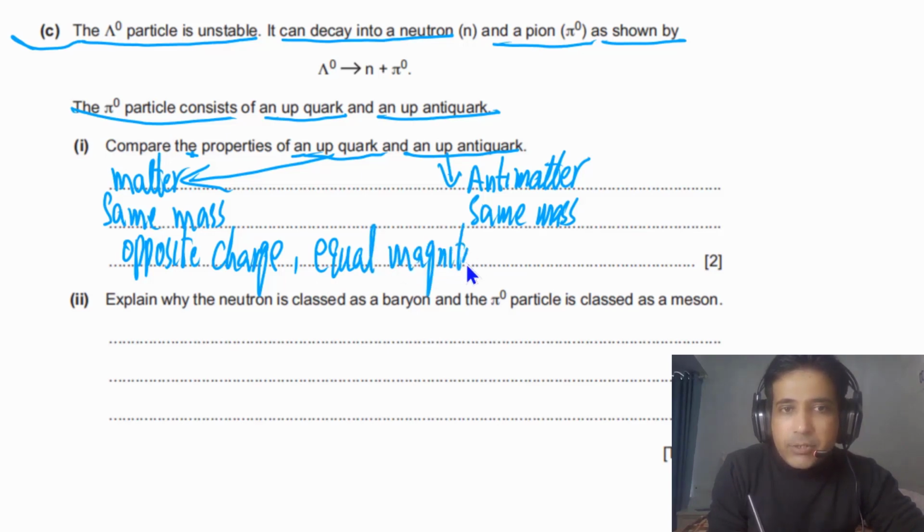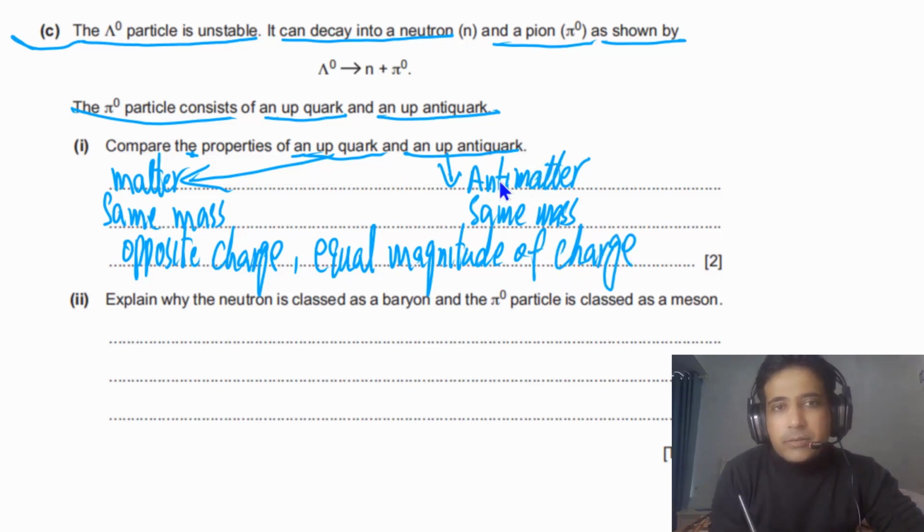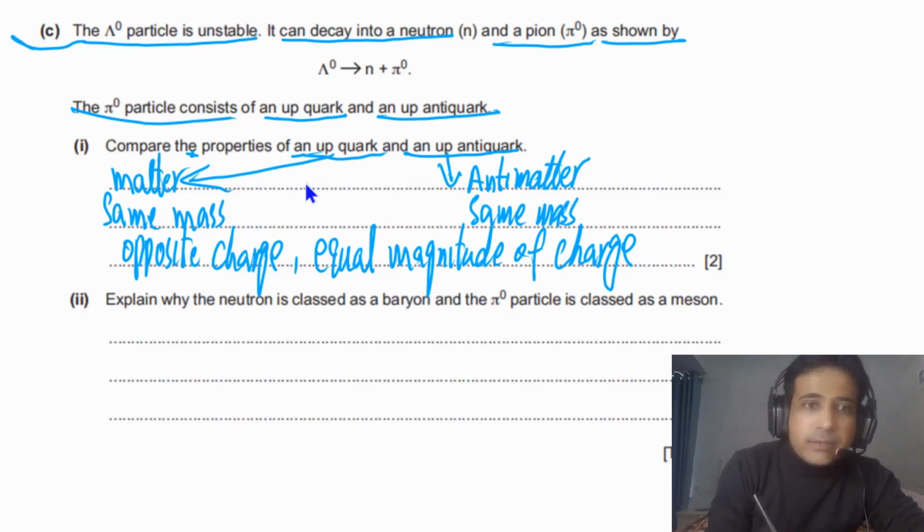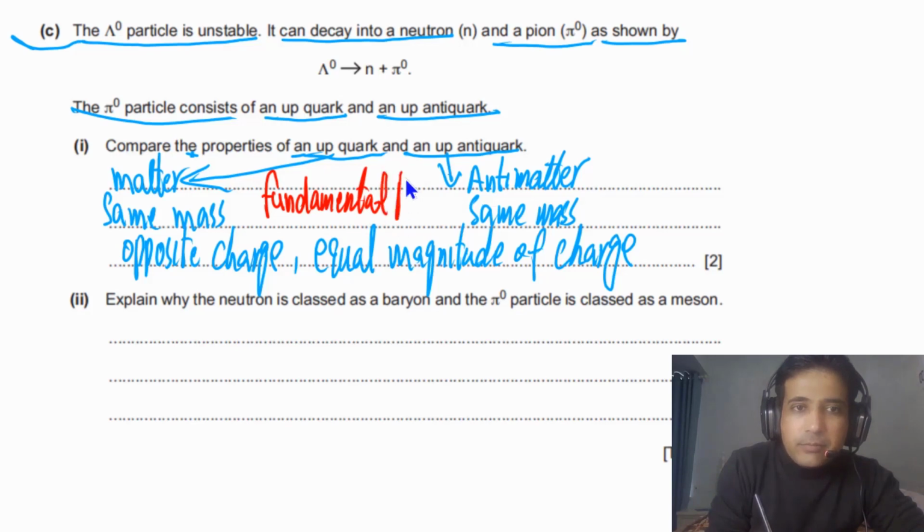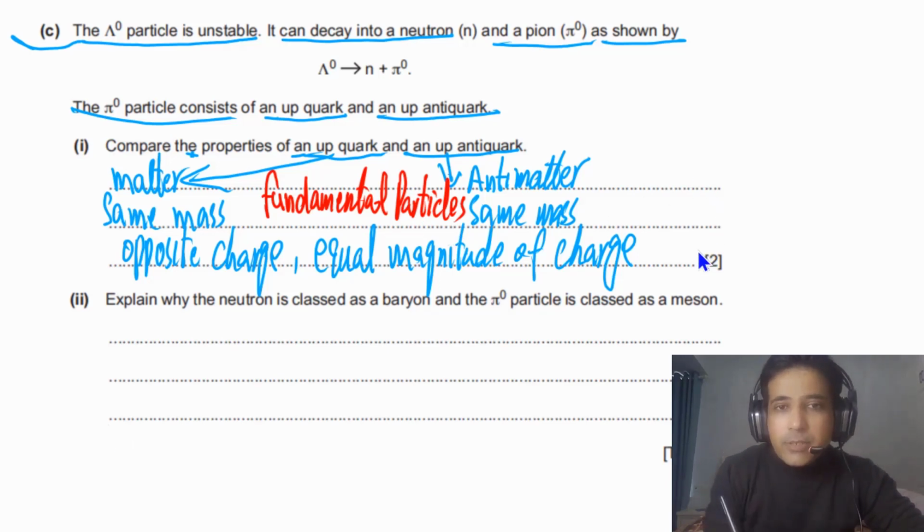We can write down these points about up quark and anti-up quark because these two are particle and anti-particle, and both of them are fundamental particles. So we can also add this point, fundamental particles. If you write this, you will get 2 marks.